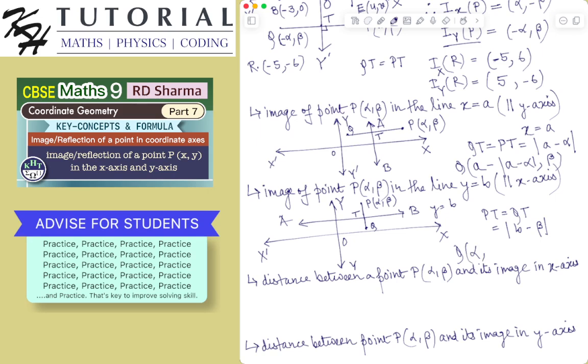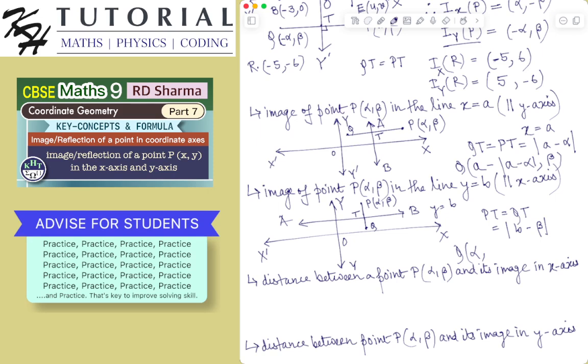Since the point Q is below the point T, what is the ordinate of the point T? T is a point on the line AB. So the line AB is at a distance of b from the x-axis. So the point T is also at a distance of b from the x-axis, which means the ordinate of the point T is b.